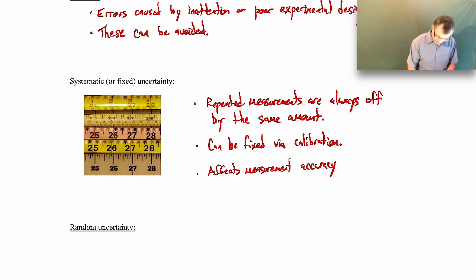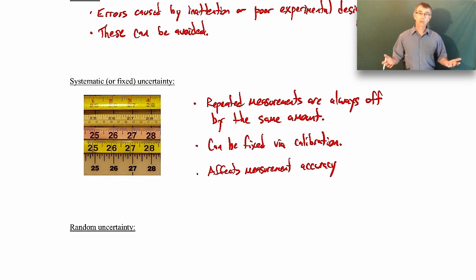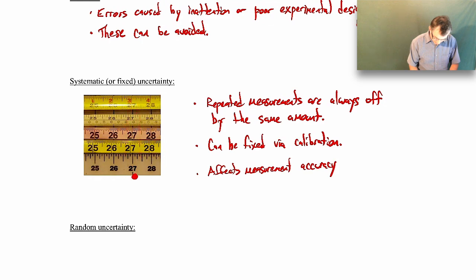And there's a nice little example of systematic errors over on the left-hand side. You see these rulers. I got this off the internet. Someone had gone out and purchased different rulers over the course of many years, and they were just curious to put them side by side to see what kind of measurements they have. And they took this photo, and you can see that there's quite a bit of difference between these rulers. So here is 27 inches.